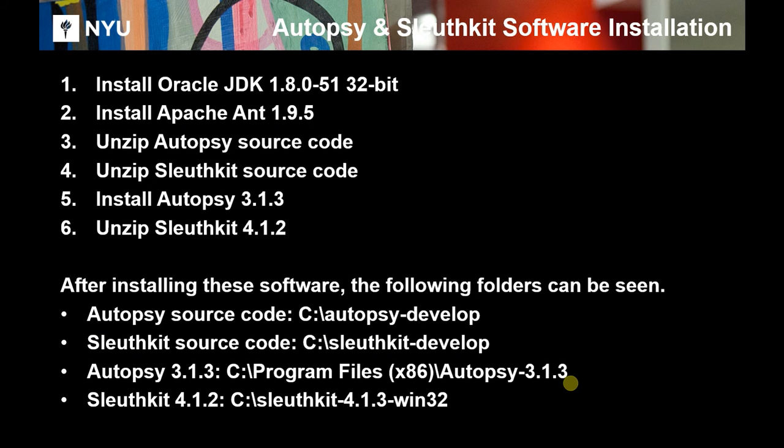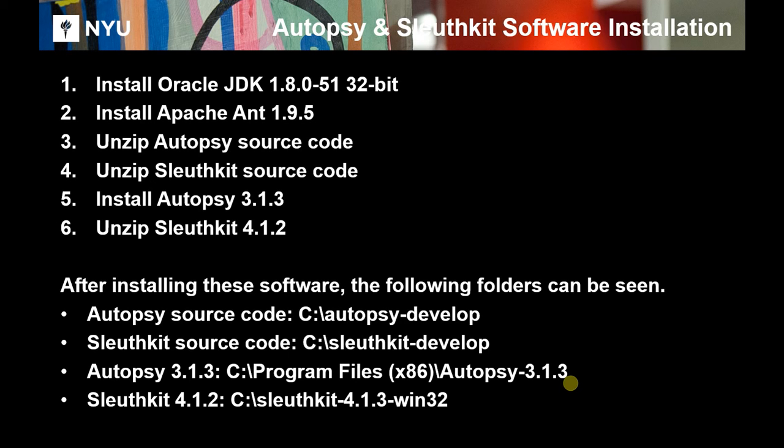Alright, so now after we download all the software on your system, we're ready to install it. So we need to install the JDK first and Apache Ant next. I'm not going to discuss in detail how to install this software because it's very easy.